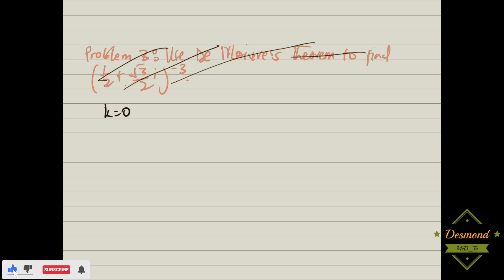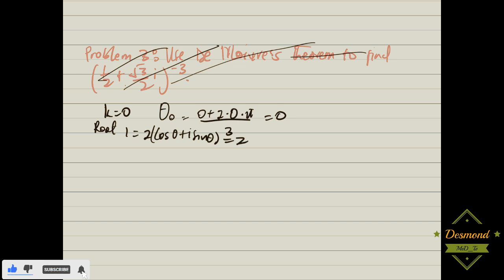So for k equal to 0, we have theta subscript 0 equal to 0 plus 2 multiplied by 0 multiplied by pi on 3, and the answer is 0. So here root 1 is equal to 2 (cos 0 plus i sin 0), and the answer is 2.